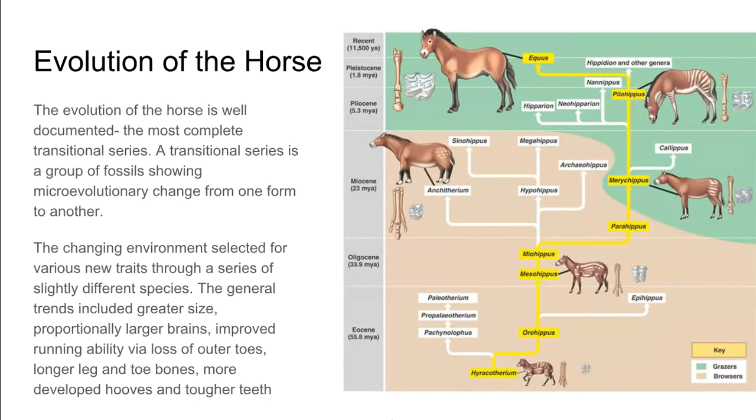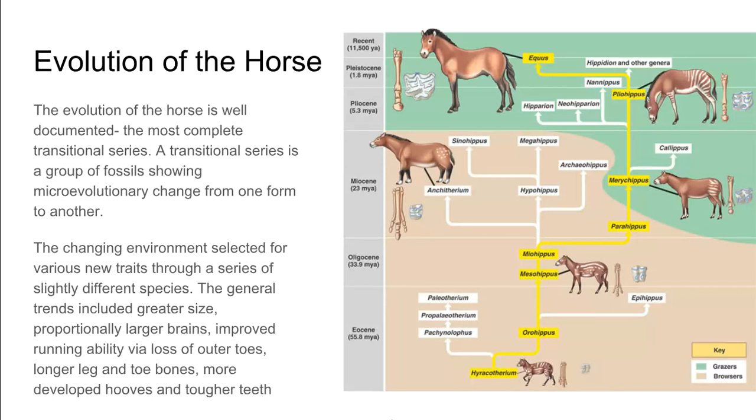And then we see the evolution of the horse. And this is well documented, much more documented than the platypus. And it's the most complete transitional series that we have in the fossil record. A transitional series is a group of fossils that shows microevolutionary change from one form to another. And we saw the changing environment select new traits through a series of slightly different species.